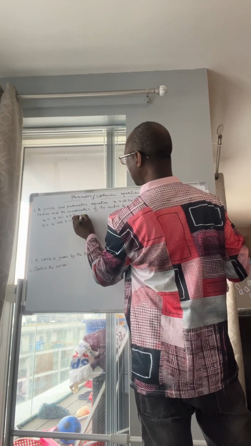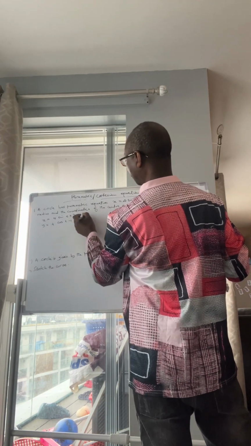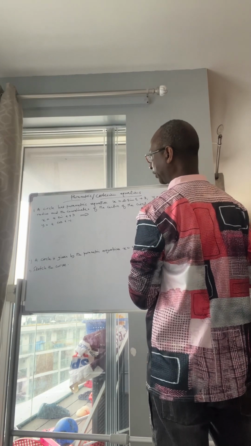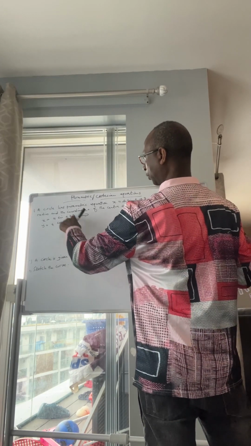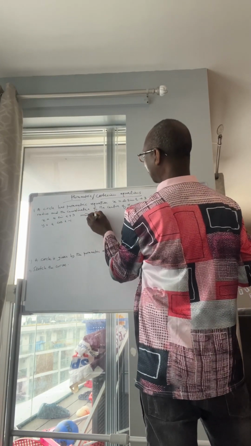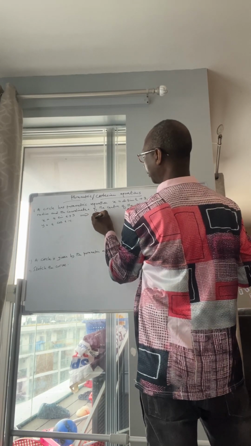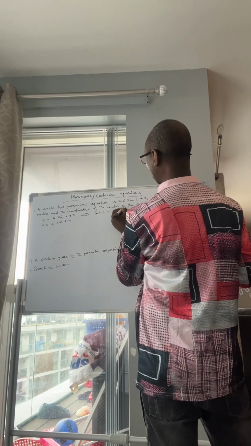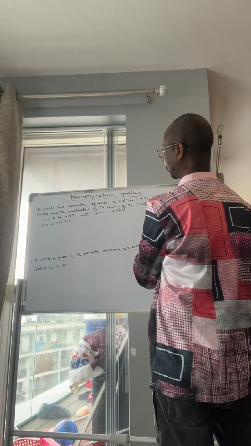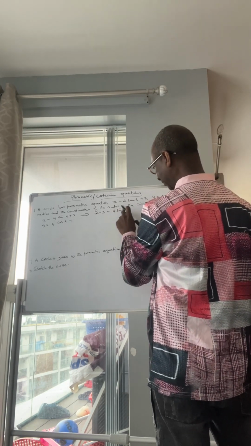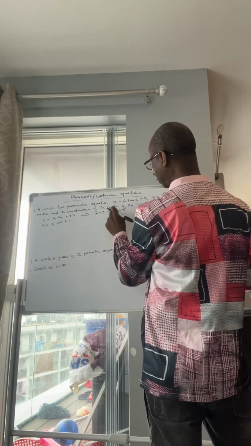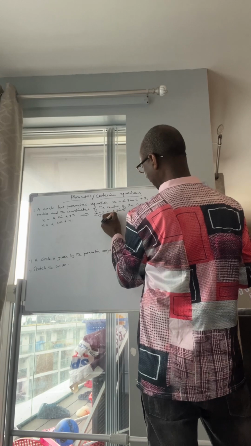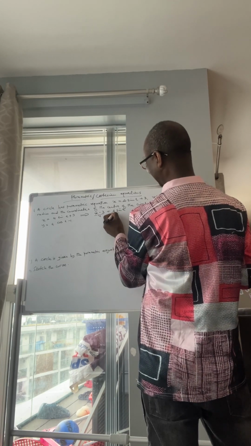So, for x equals 4 sine t plus 3, if we bring this 3 over here, we're going to have x minus 3 equals 4 sine of t. I want sine t over here, so I divide both sides by 4, and this 4 will cancel.